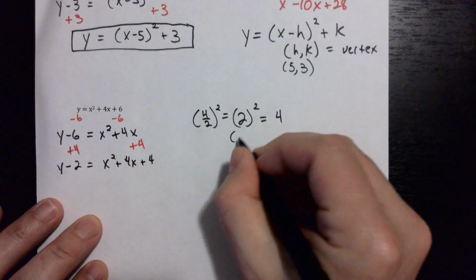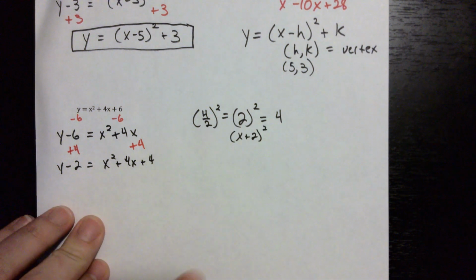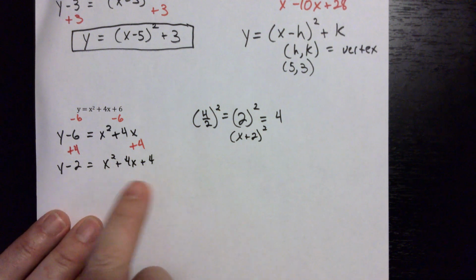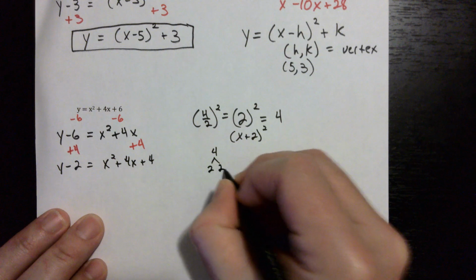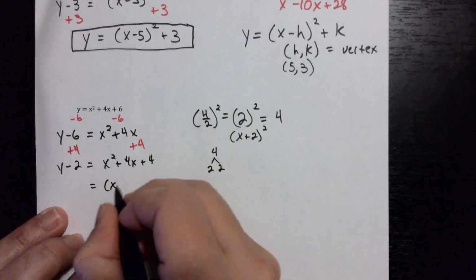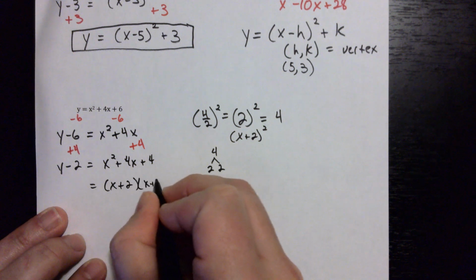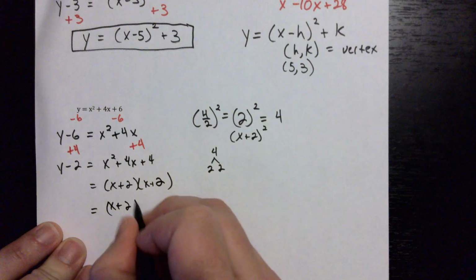We know that we're going to get x and then a positive 2 squared. But one more time, I'm going to show you that it actually works. Two numbers that multiply to get 4, but add to get 4 as well, that's 2 and 2, right? So you'd end up getting x plus 2 times x plus 2, which is x plus 2 squared.